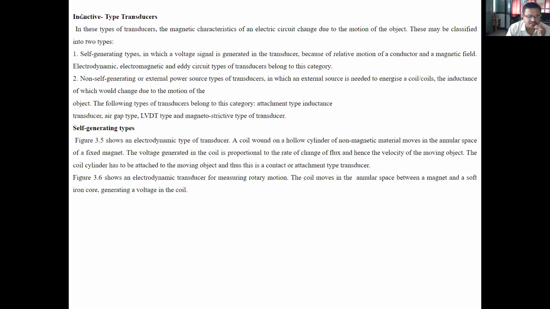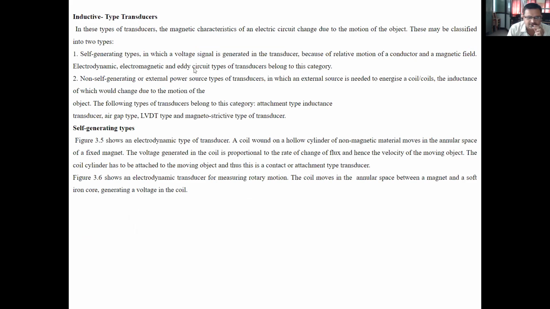Now next is inductive type transducers. In these types of transducers, the magnetic characteristics of an electric circuit change due to the motion of the object. These may be classified into two types. First, self-generating types in which a voltage signal is generated in the transducer because of relative motion of a conductor and a magnetic field.